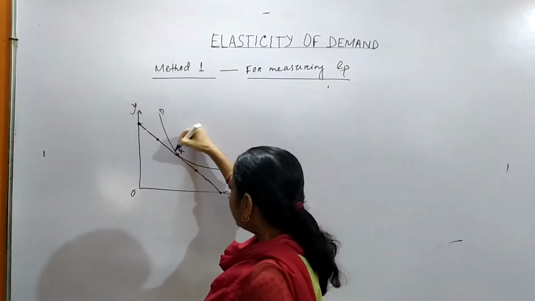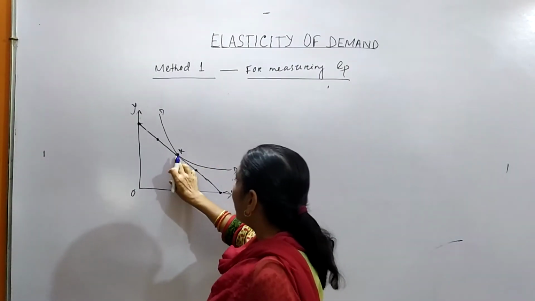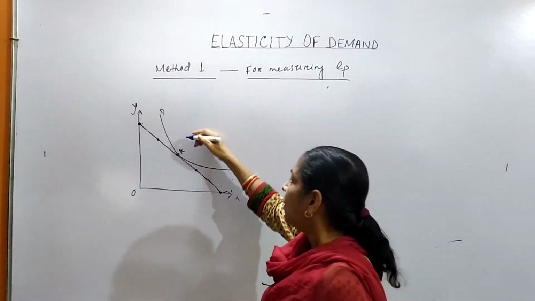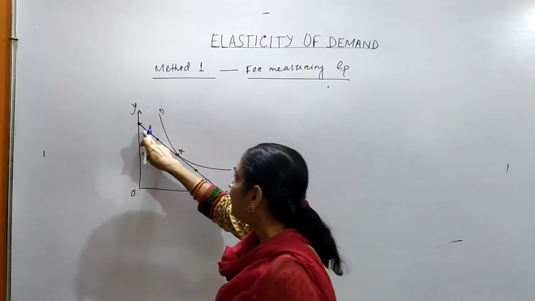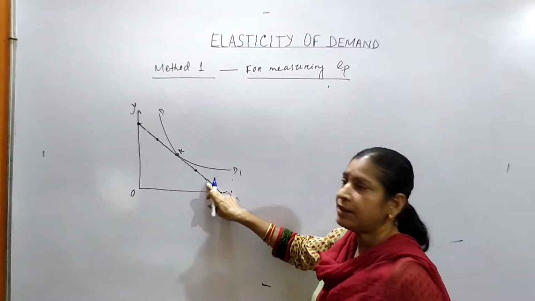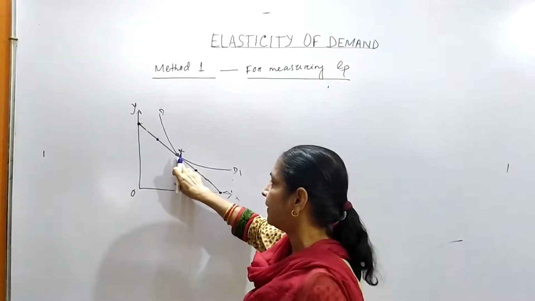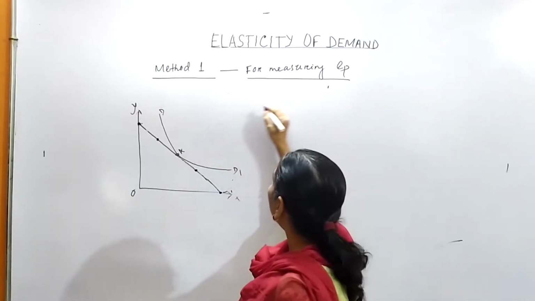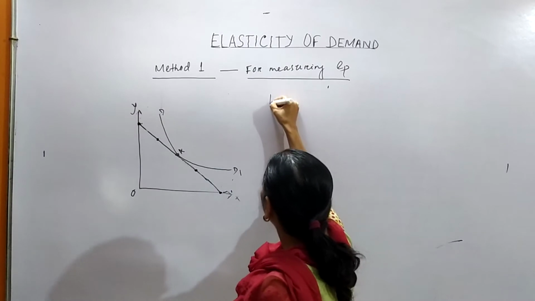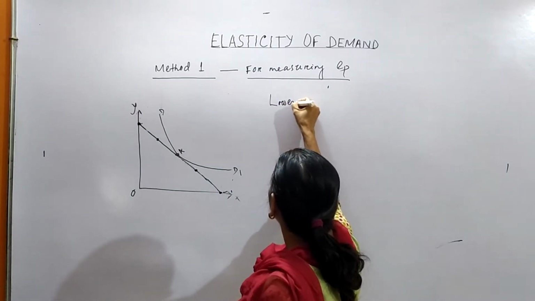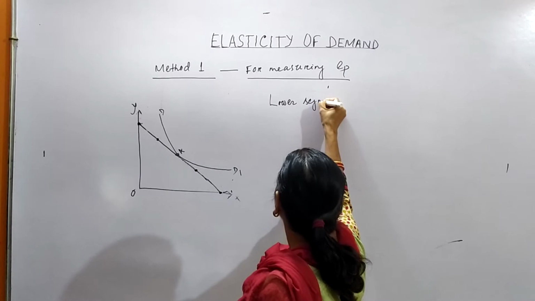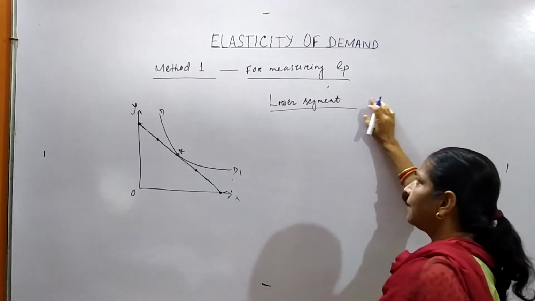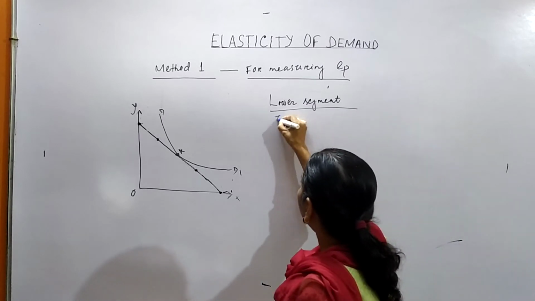To measure elasticity on a non-linear demand curve, we have to choose a particular point, and at this particular point we have to draw a tangent. That means the tangent will touch that point. Now we will calculate the value of elasticity at this point. The formula is the same: lower segment of the demand curve from the point divided by upper segment.